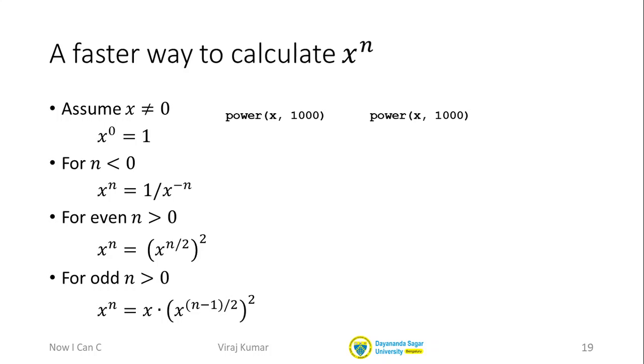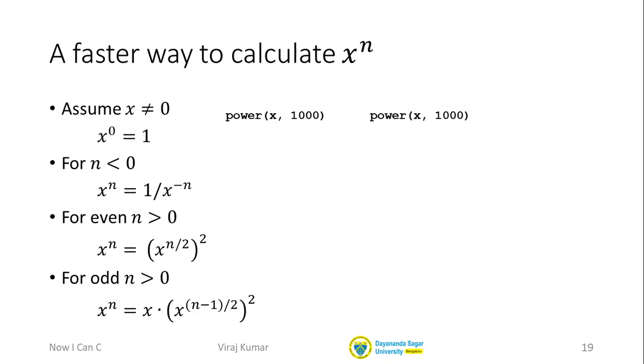So on the left, I'm going to think about all the recursive calls that my old power function would have made using the earlier mathematical definition. And on the right, I'm showing you the calls that this power function will make using the new definition if we implement it correctly.